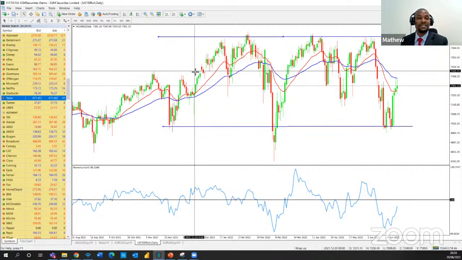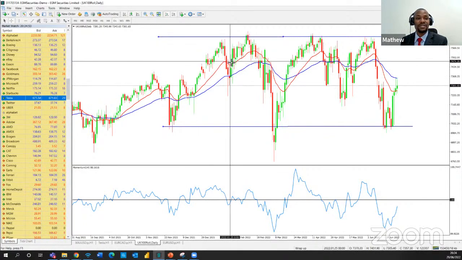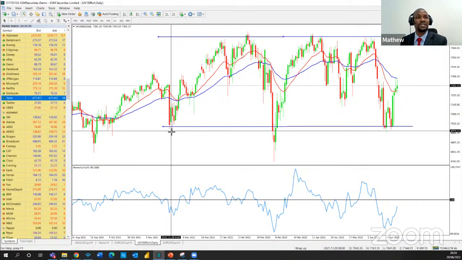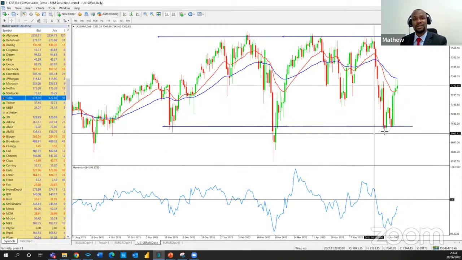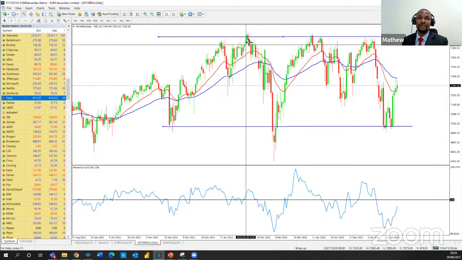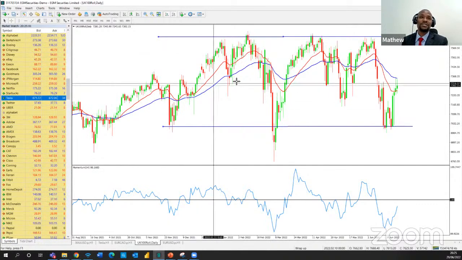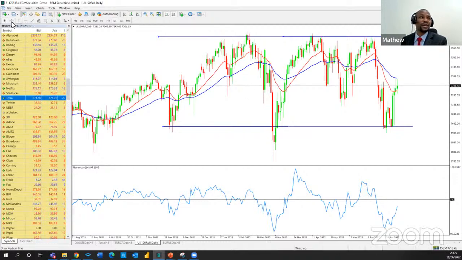Actually, yeah, since the beginning of 2022, still in a range, but this is on a daily. We have a moving average that you can use as well to confirm when the price is bouncing off the resistance, like this crossover to the downside here. And also you can use the momentum to the downside. Let me use a crosshair to show.